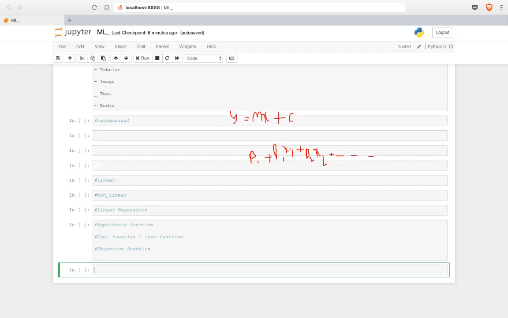This might not be so clear now, but when I explain it with an example, things should be more straightforward. The cost function measures how well your model is performing. The objective function is the one that is optimized. Again, it's a very general term. The hypothesis function is your algorithmic equation, the basic building block.